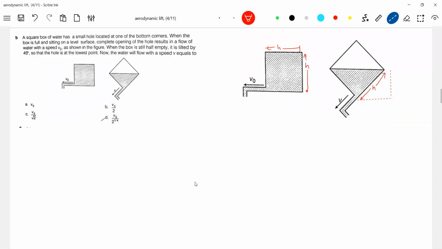We'll get some triangle here, no? Shall we take this as Y? Whenever we are bothered, we should bother only about this Y, at what depth the hole is from the free surface. So can we calculate? This is inclined at 45 degrees.